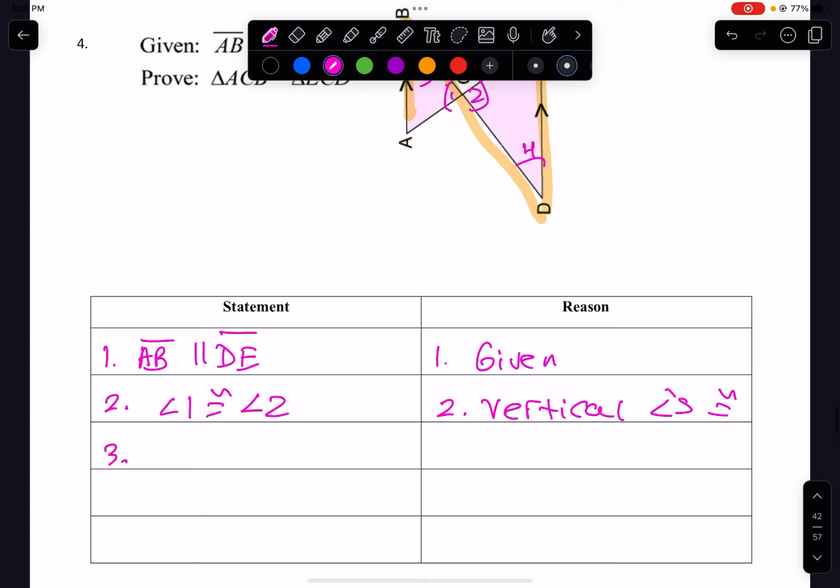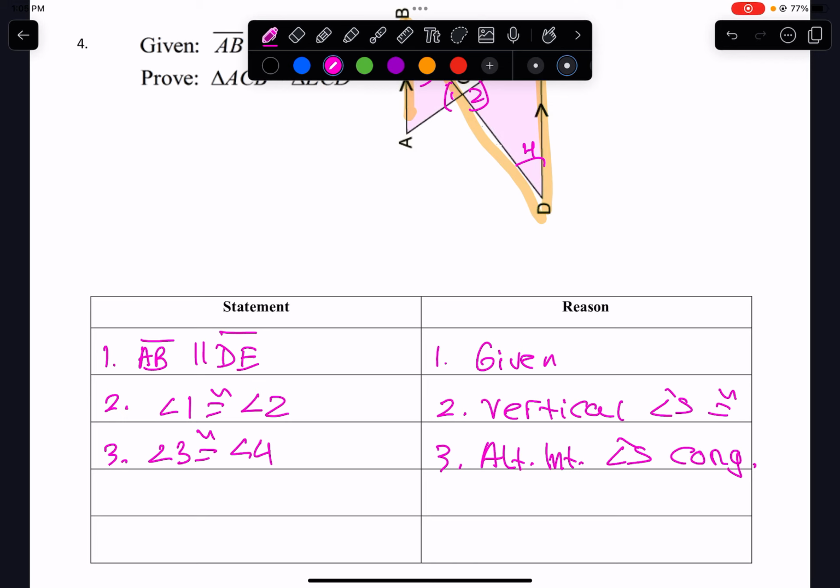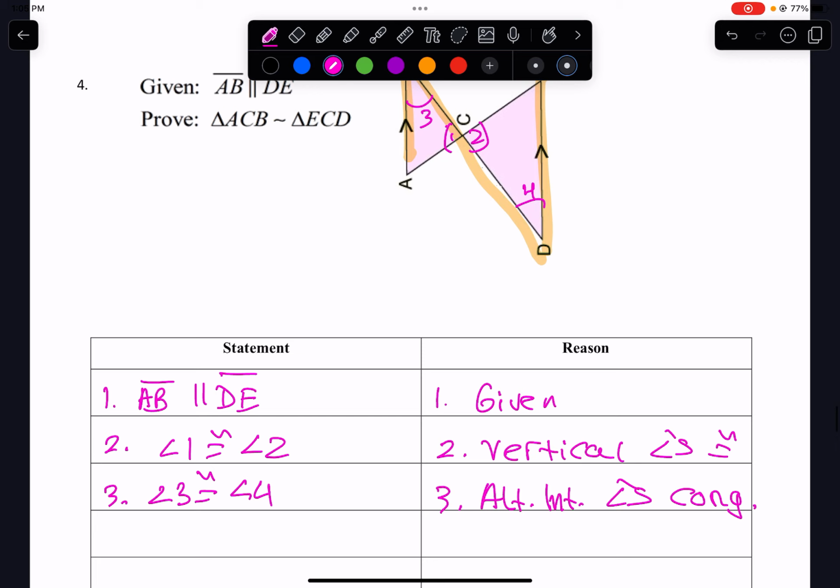And then we have angle 3 congruent to angle 4, alternate interior angles congruent. I'm writing this very quickly just for the sake of time to go through everything. You should obviously write it much neater than I am. Because I have two angles, I can now say that the triangles are similar by angle, angle.